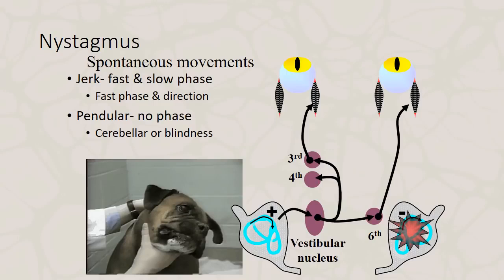So if we wipe out the input from one side, the brain reads that as if the head is being spun around, and a spontaneous nystagmus can develop, a spontaneous jerk movement of the eye. This tells us there's vestibular disease. Vestibular disease should have a slow phase and a fast phase, as opposed to cerebellar disease, where the movement can often be equal or oscillating.